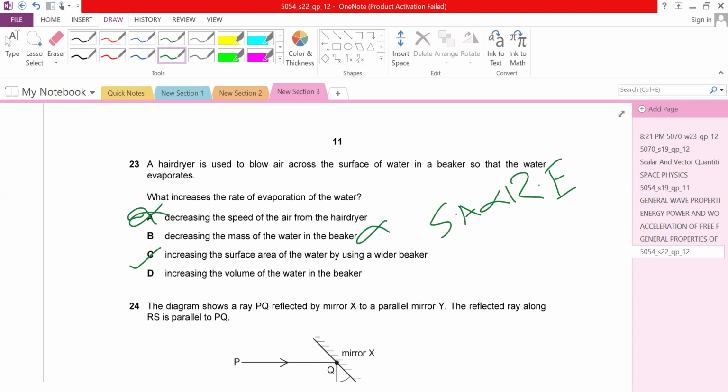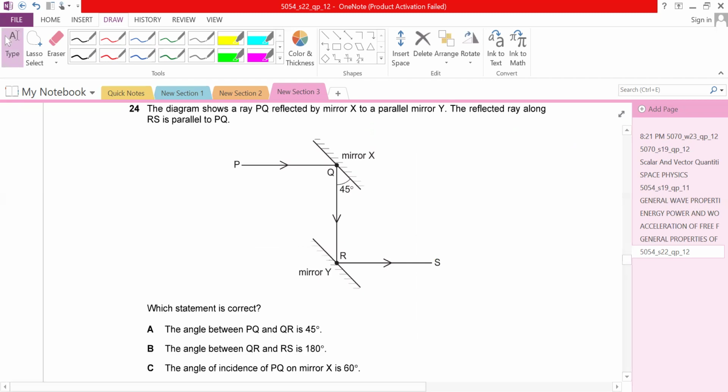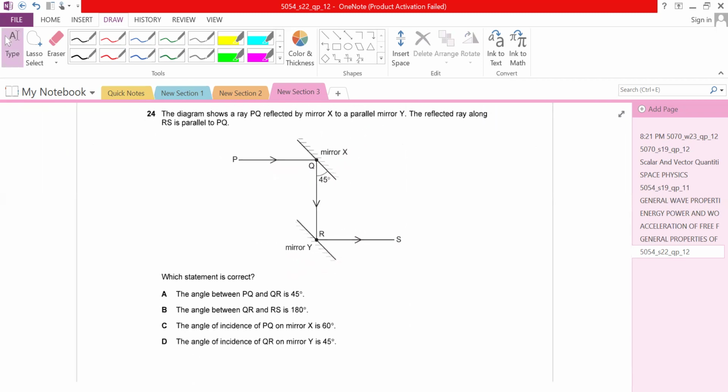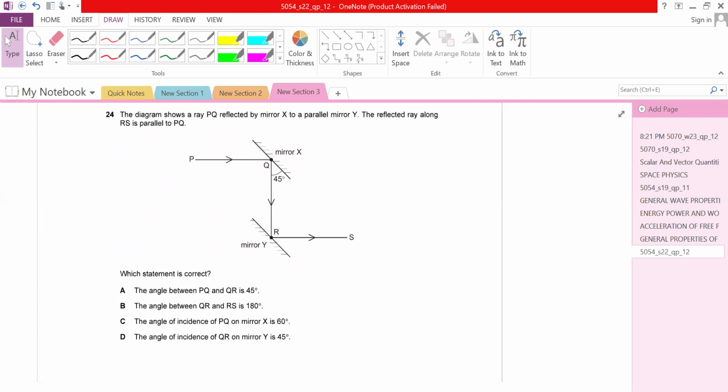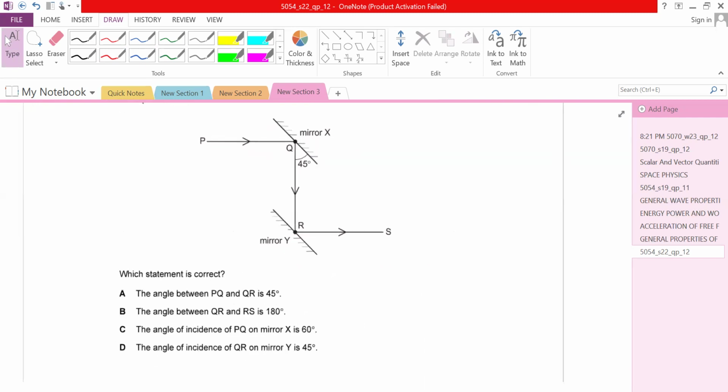Then question number 24 says that the diagram shows a ray PQ reflected by mirror X to the parallel mirror Y. The reflected ray along RS is parallel to PQ. Which statement is correct? Here is the diagram.